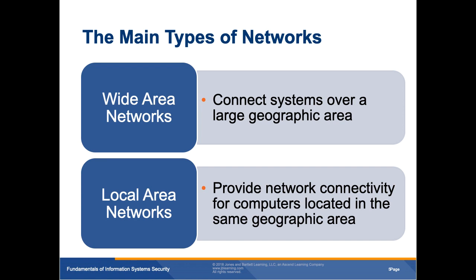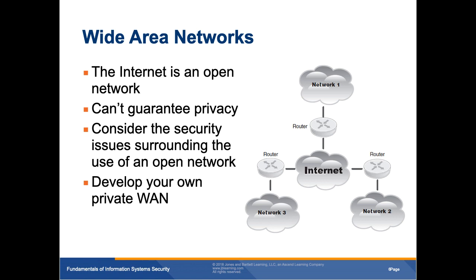We have two main types of networks: a wide area network, which connects systems over a very large geographic area, and local area networks, which provide network connectivity for those devices located in the same geographic area, or typically even a building. Wide area networks, the internet is an open network and can't guarantee privacy, so consider the security issues surrounding the use of an open network.